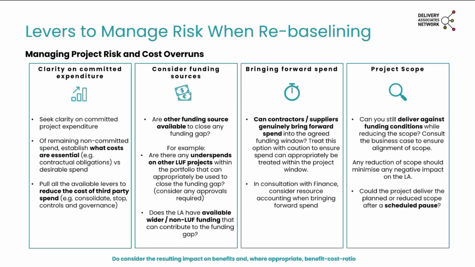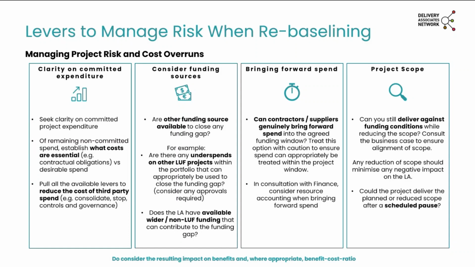Finally, considering project scope is also a helpful lever to consider. Once you have rebaselined your budget or where you're looking at different options, consider, can you still deliver against the funding conditions while reducing or changing the scope of the project slightly?